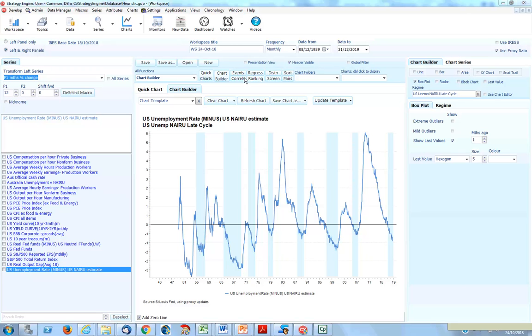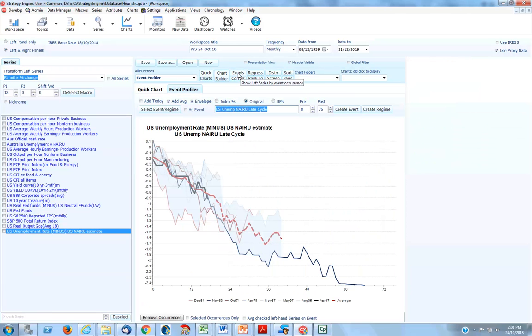Now, if we think of those particular late cycle phases, or regimes, we've called the late cycle regime up here, and we're looking at what has happened to the unemployment rate relative to NAIRU. What might become fairly clear here is the range of outcomes, but probably more importantly, the duration of late cycle phases.